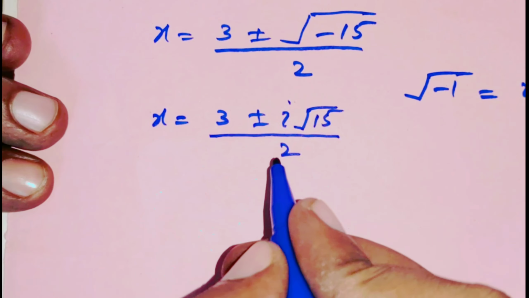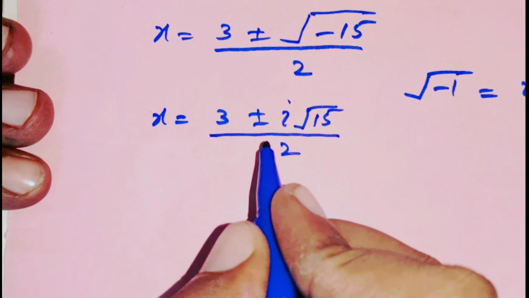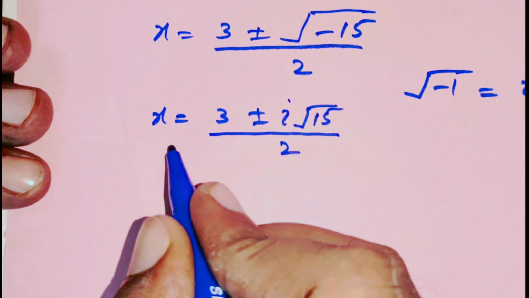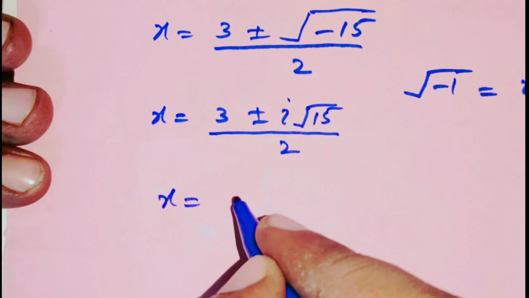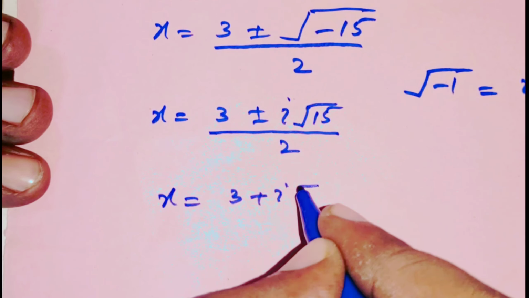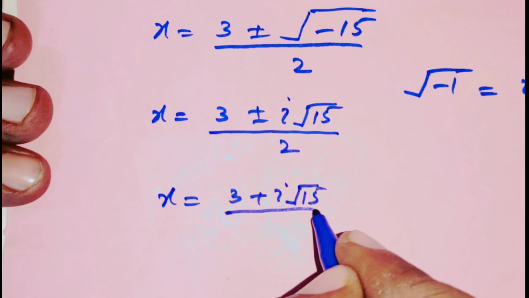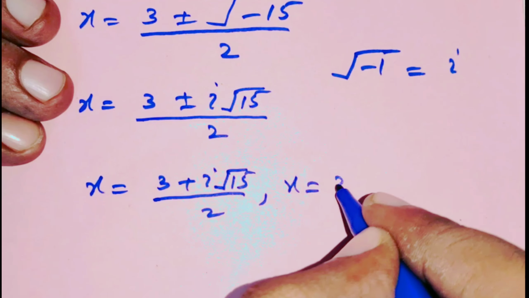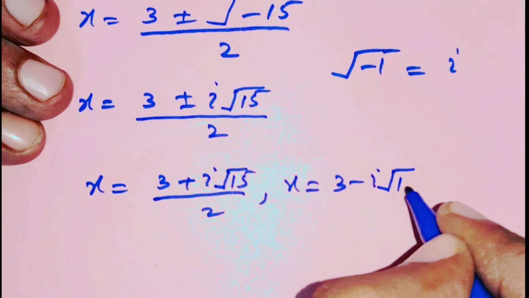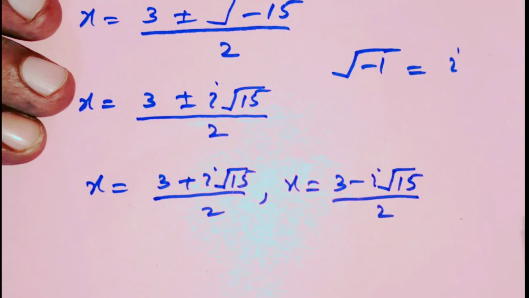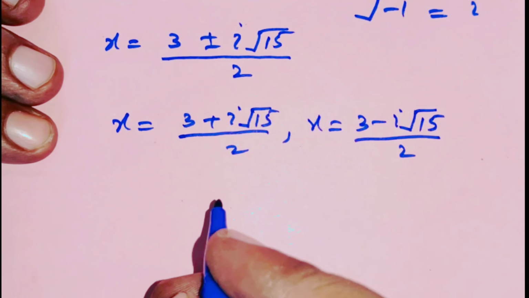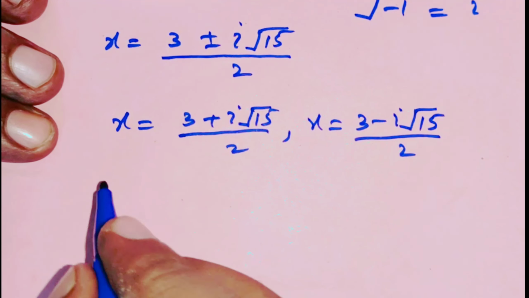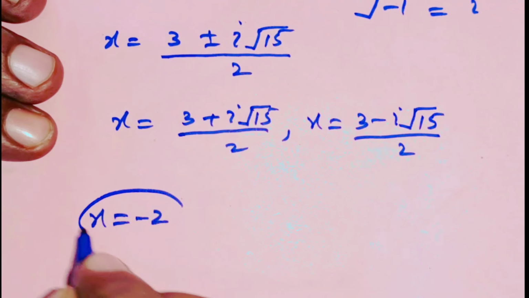So from here we get two values of x. One is x equal 3 plus iota square root of 15 over 2, and another is x equal 3 minus iota square root of 15 over 2, and we have already got a value of x which is x equal minus 2.